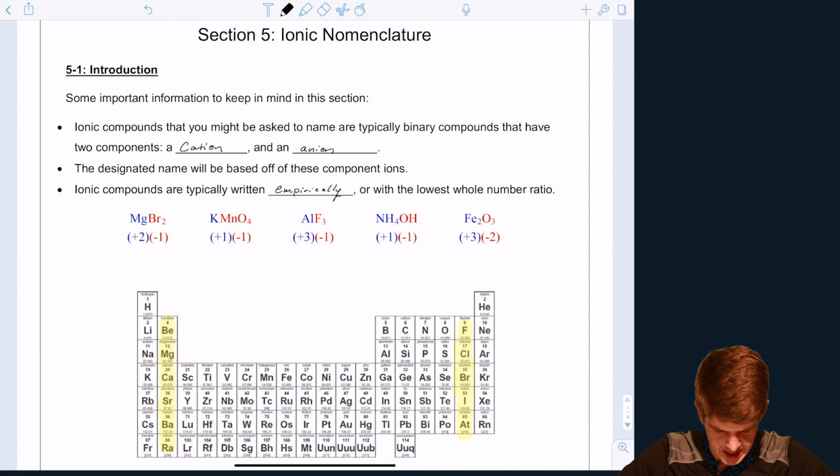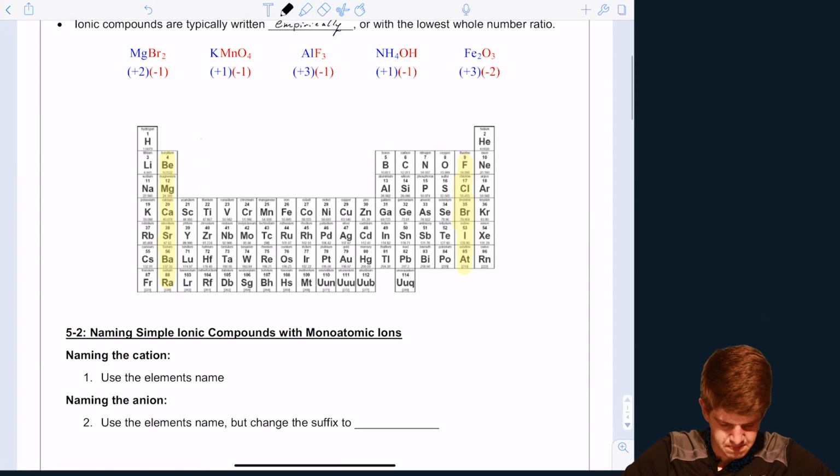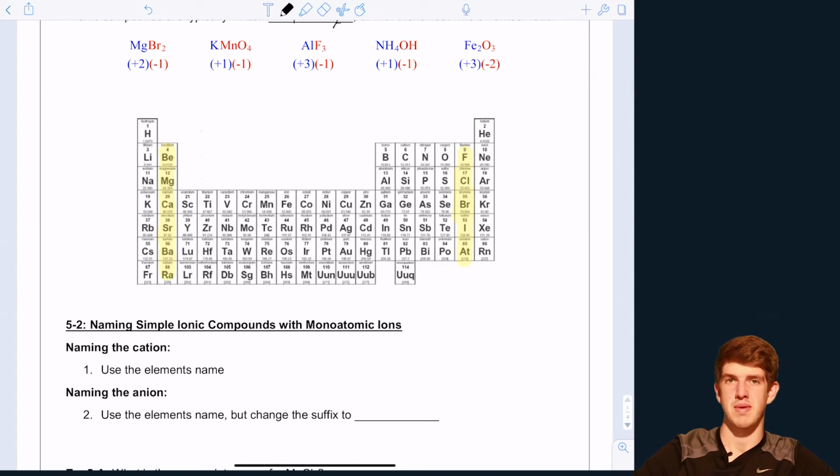So let's get into naming the simplest form: naming simple ionic compounds with monoatomic ions. That's just like what we saw before, MgBr2. There's no polyatomic ions, or ions that are just a conglomerate of different molecules bound together.